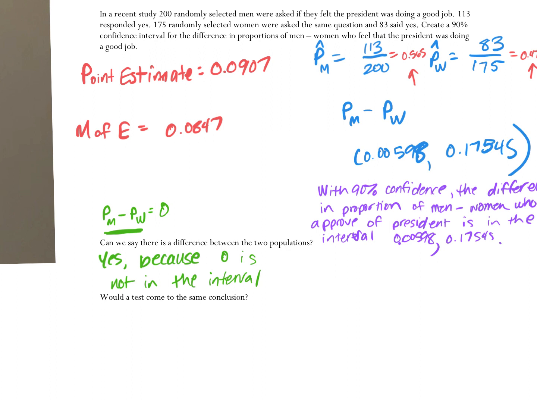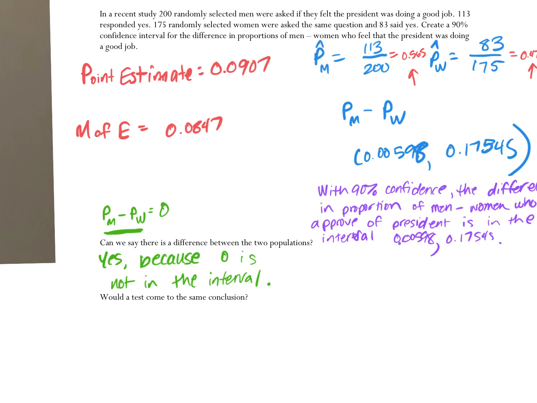There is a difference if 0 is not in the interval, because no difference would be that the difference is 0. All right, I'm going to need a second to think about that.